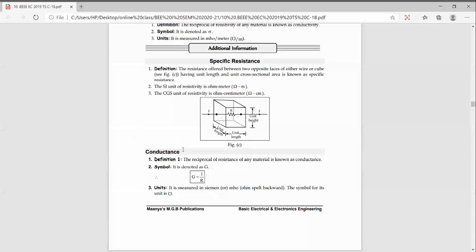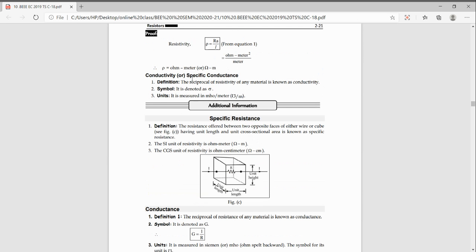There is a word conductance also, like resistance. Where there is an existence of resistivity, there is resistance R. Likewise, there is conductivity, so we have a term conductance. We know that the conductivity is the reciprocal of resistivity.